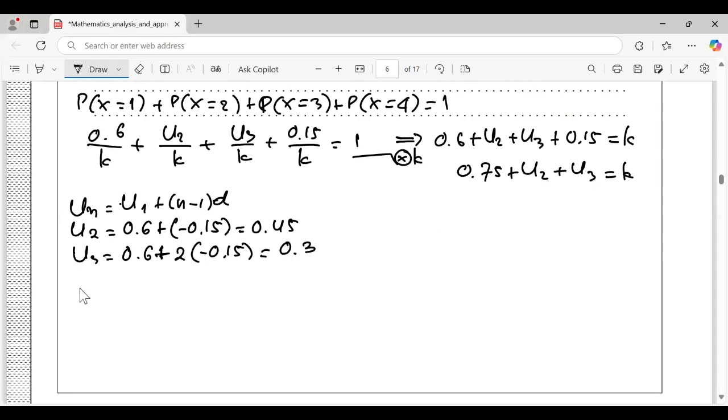So this equation becomes k equals 0.75 plus 0.45 plus 0.3. And if you calculate, the result is 1.5. So k equals 1.5. Next question.